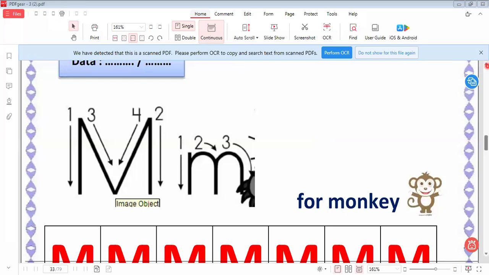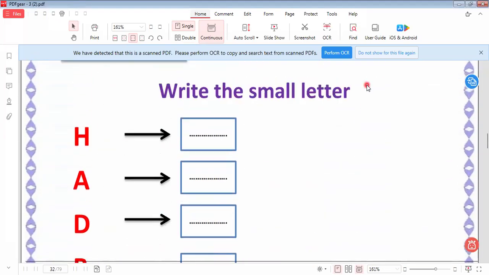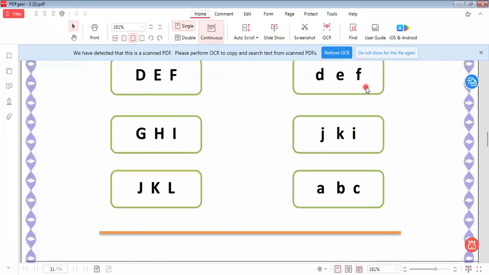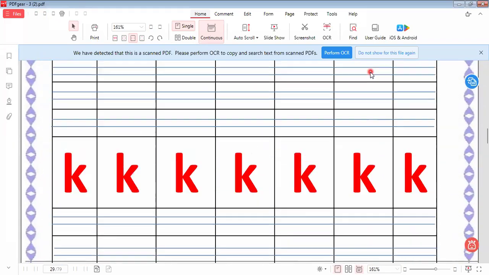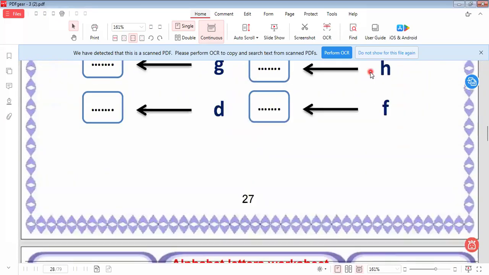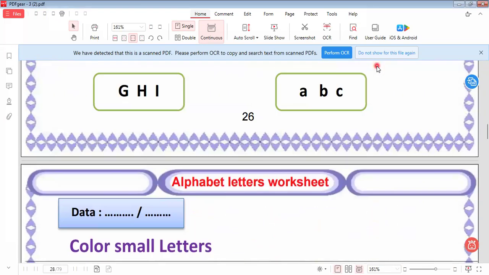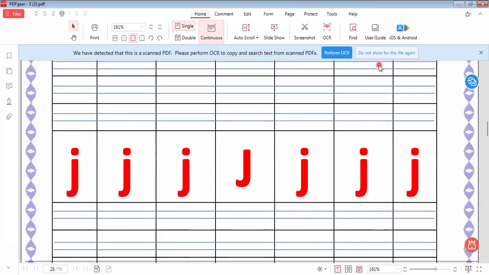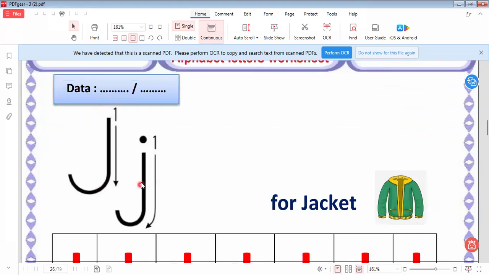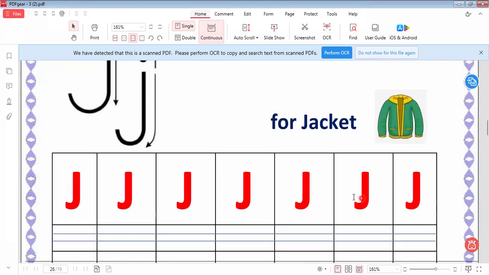Okay, let's repeat it together. Here is capital J and small J, J for jacket.